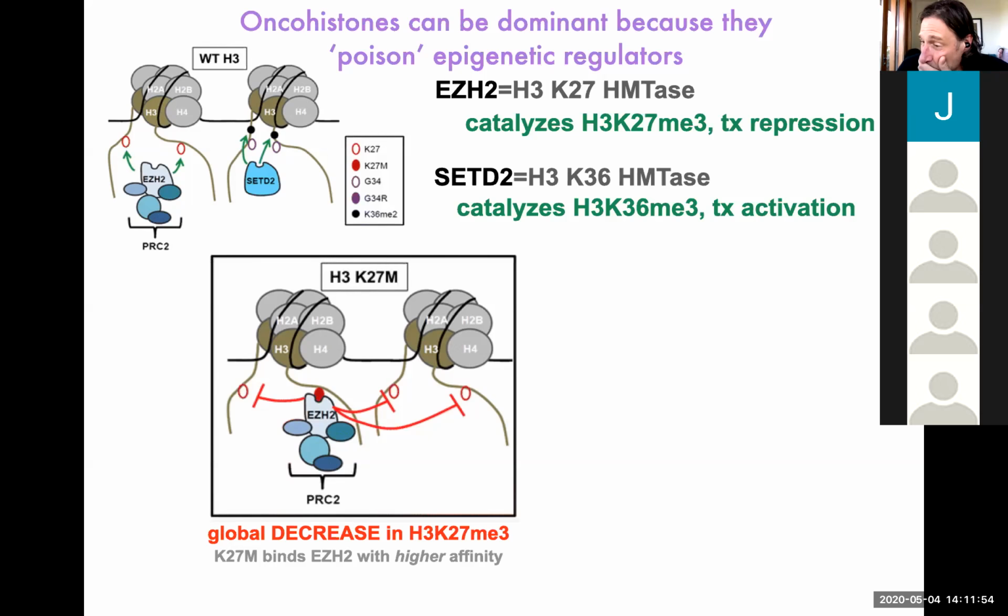Say that again? I was just wondering which model it follows. Is it the genome instability model or oncogenes, since there are mutations in the oncohistones?